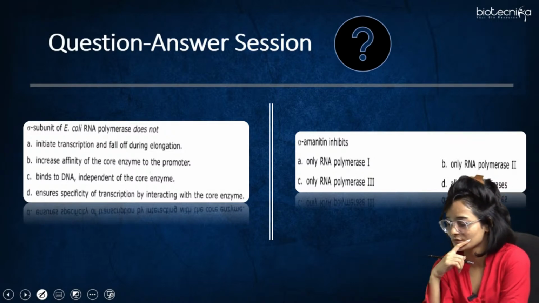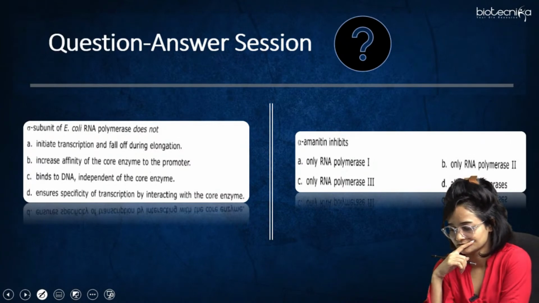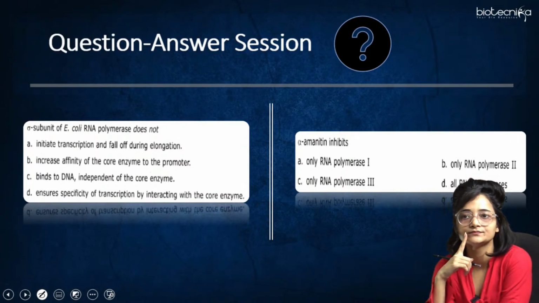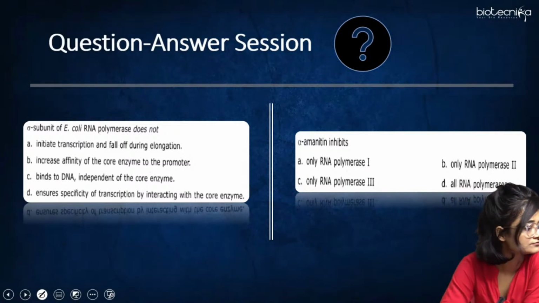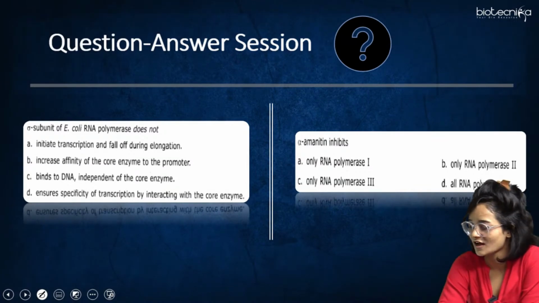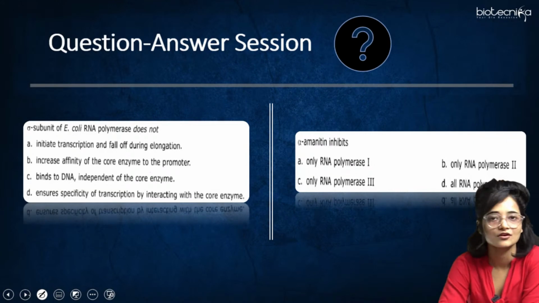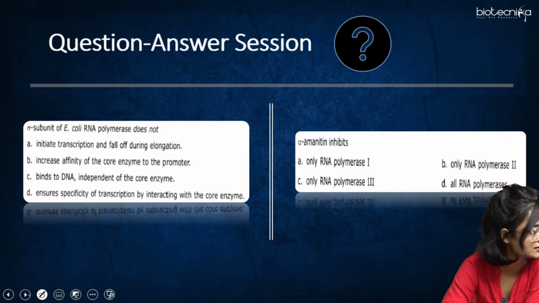Okay, you said RNA polymerase 1. Any other answer? Sobri says C, RNA polymerase 3. For which question are you saying, Sobri?